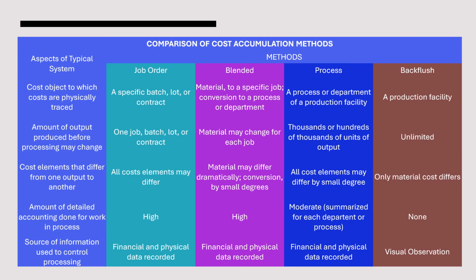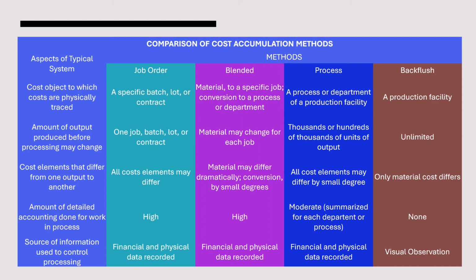All cost elements may differ, and the level of detailed accounting work for this process is very high, which you will actually agree on as we go over job order costing after this topic. And the source of information is financial and physical data recorded. So for job order, blended method, and process method, all of which refer to financial and physical data records, while backflush refers to visual observation.